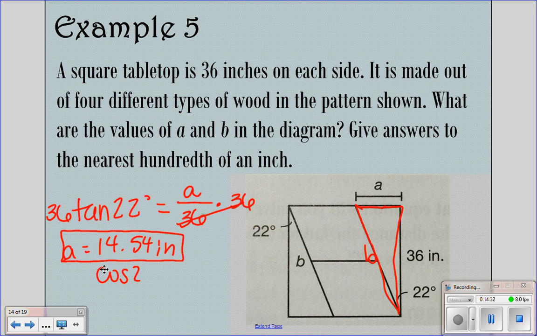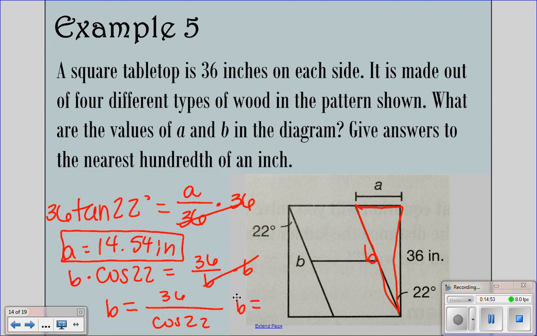So the cosine of 22 equals 36 over B. So multiply both sides by B. And then I'm going to have to divide by the cosine of 22. So I'm going to have 36 over the cosine of 22. And so your B value is going to end up being 38.83 inches. And so that would be your B value. Okay, so that's how you would find your A and your B there.